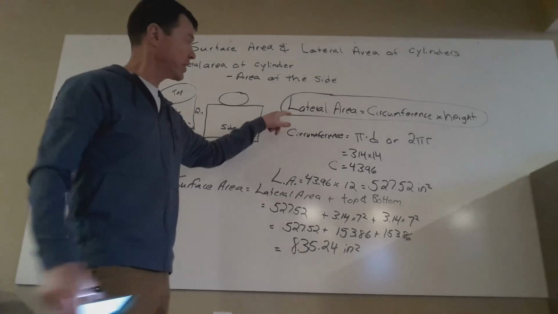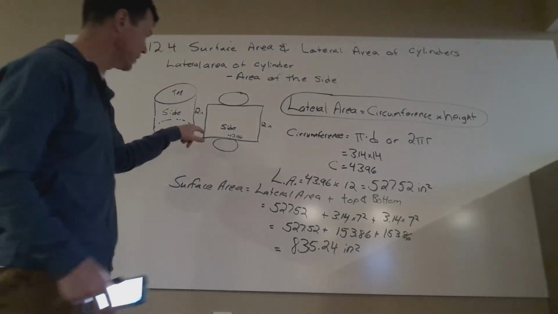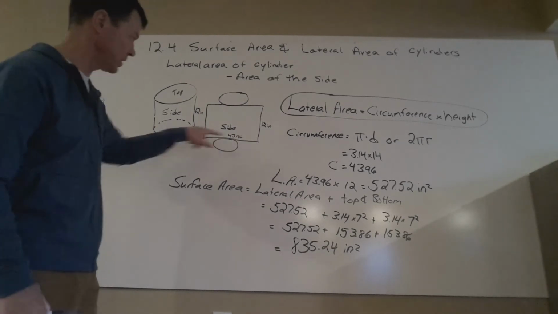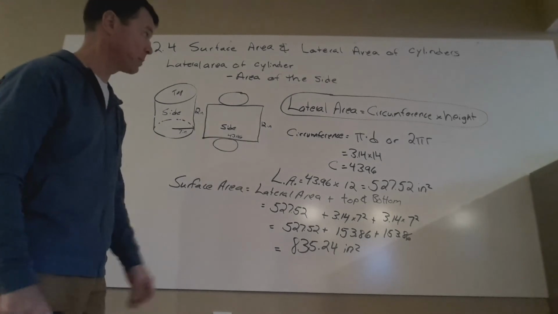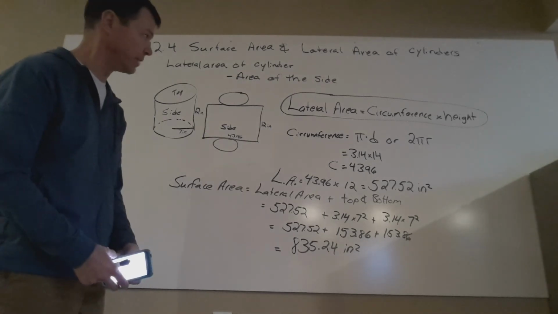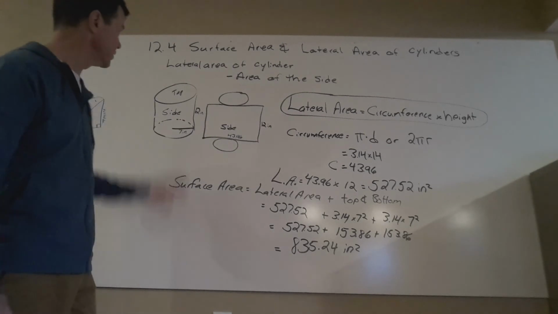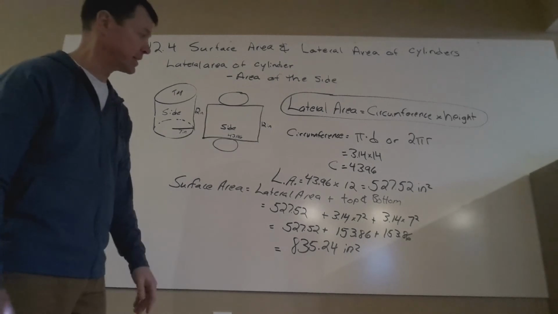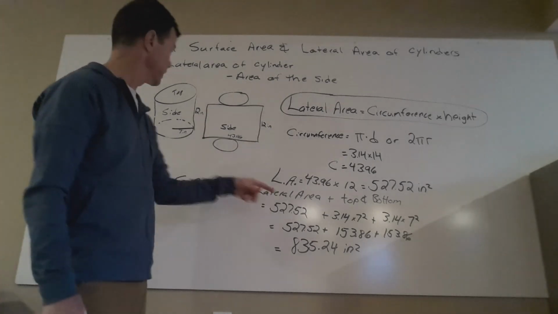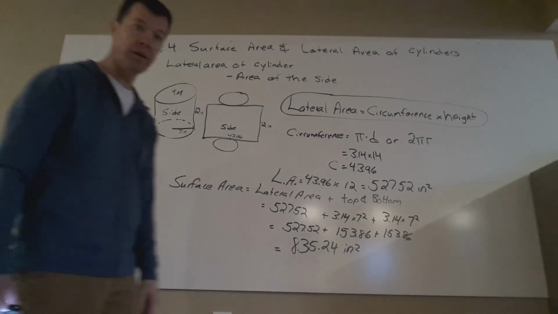Lateral area, to calculate that, you need to use circumference times the height, because circumference will equal out to the base if we were to unwrap that can. And then multiply that by the height. That gives you lateral area. Surface area, of course, includes the area of the whole can, the lateral area plus the top and the bottom, and area for a circle is just pi times radius squared.